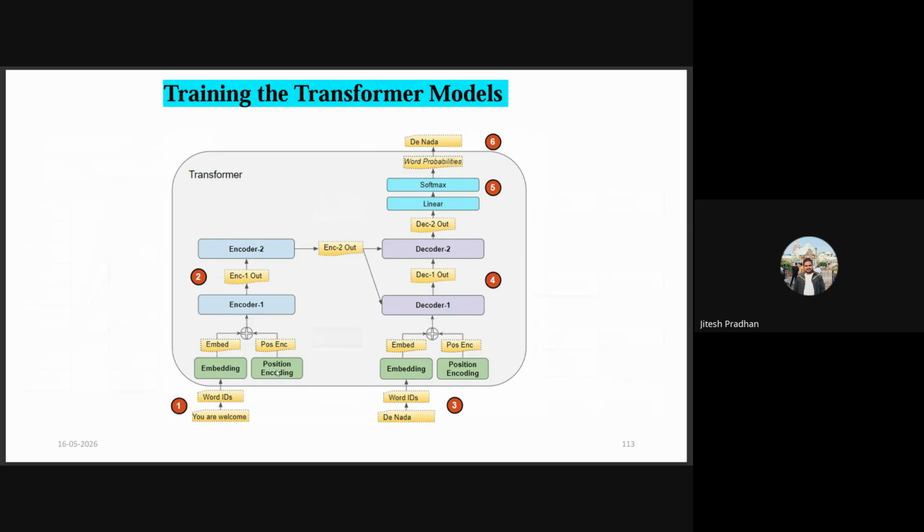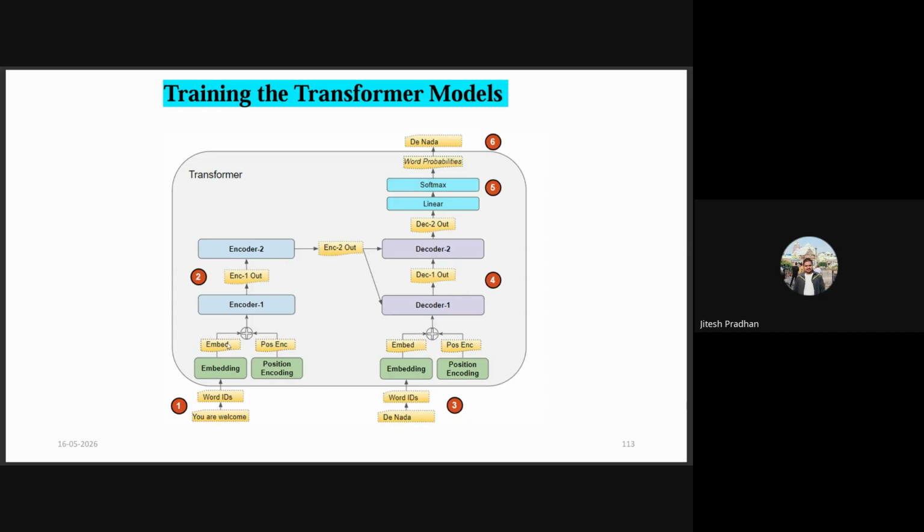At the same time, your positional encodings will be generated. Now these two, embeddings and positional encoding, will be concatenated, and that will be given as input to encoder 1, the first stack of encoders. This first stack basically processes the input and generates an encoder representation.